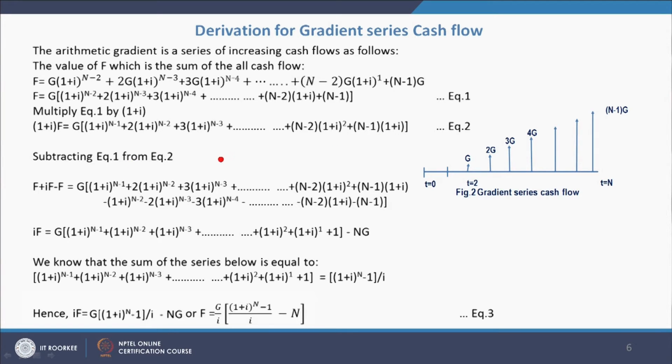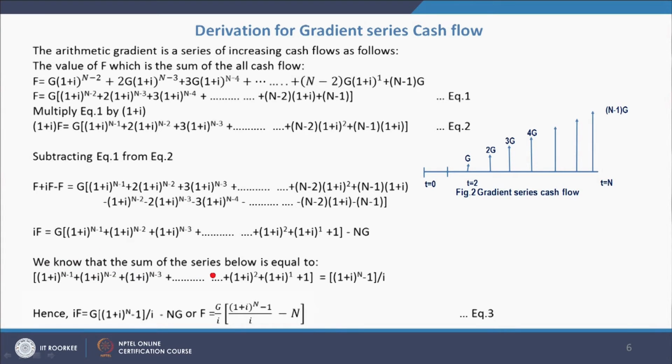Now, subtracting equation 1 from equation 2. Taking G common, this F and this F cancel out, so iF is equal to G into this whole series minus nG.